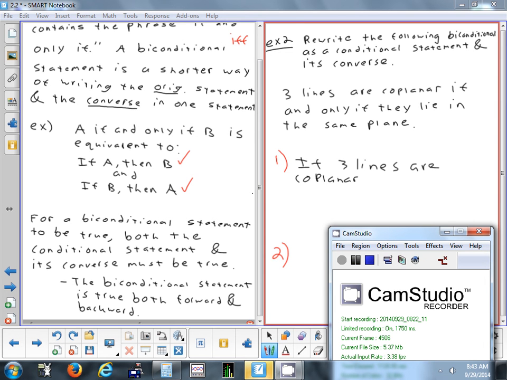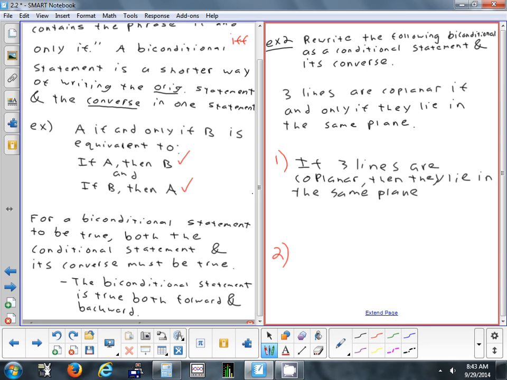So if three lines are coplanar, then they lie in the same plane. Now all we have to do is find the converse, and we got the other one. What would be the converse of statement 1?